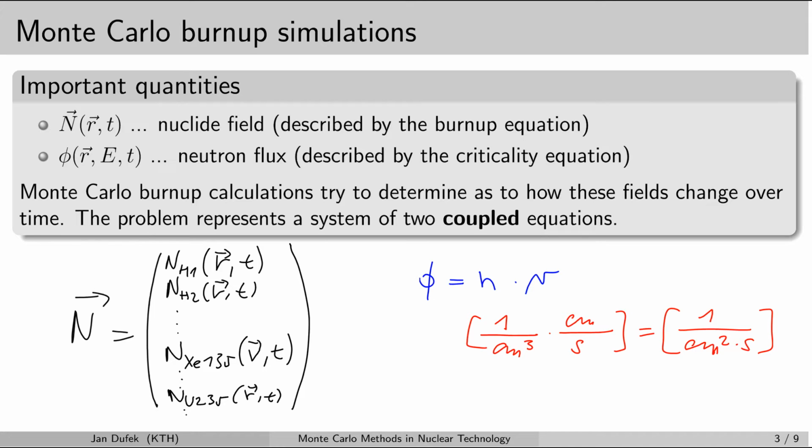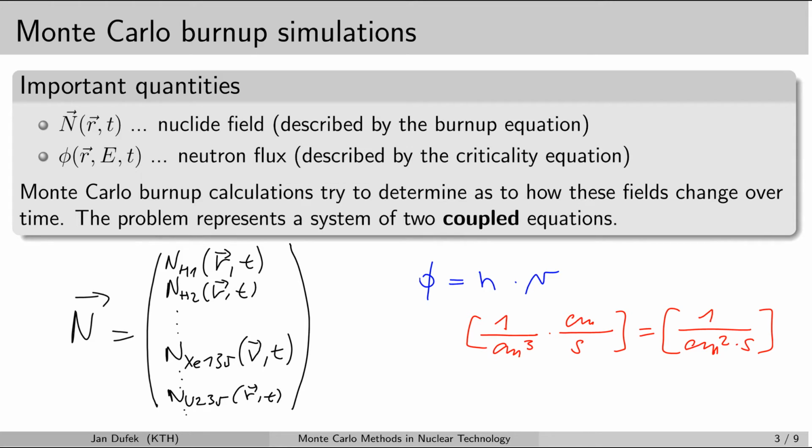There is another one which you can get from the unit, and that will be the distance that the neutrons which have the velocity v travel in a unit volume per second.